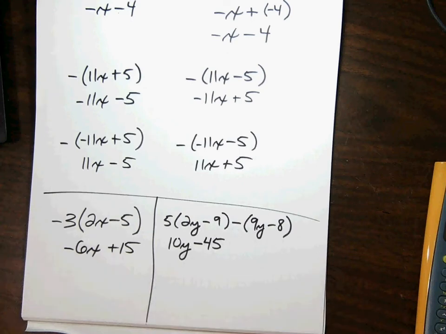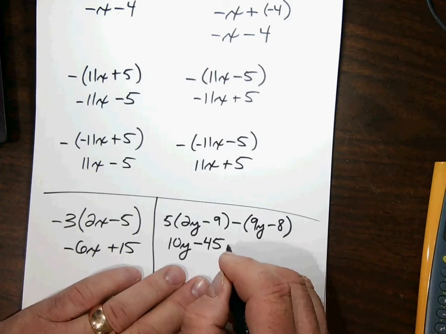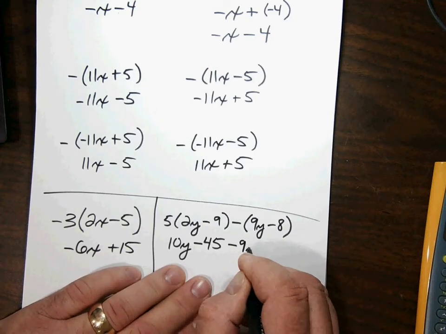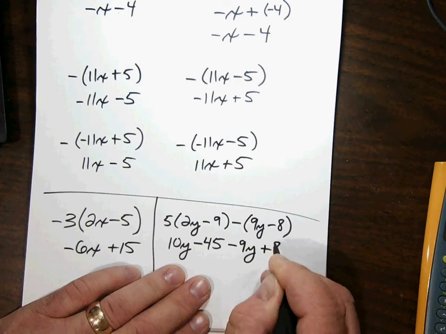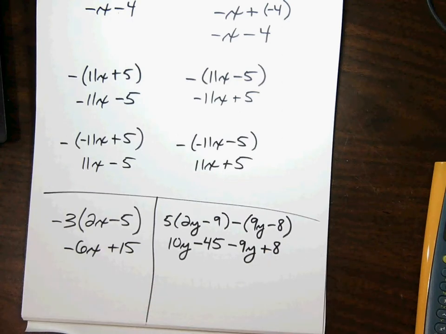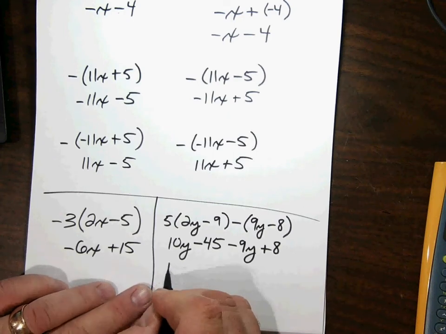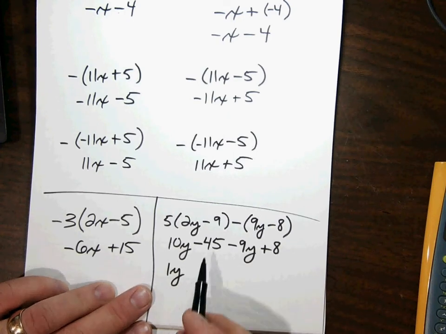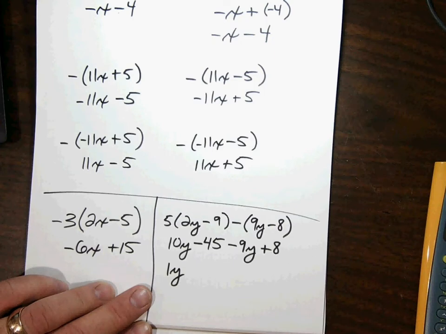And then I got that minus in front of the parentheses, which is like distributing a negative 1 across. So that's going to become minus 9y plus 8. Combine like terms, I've got a 10y and a minus 9y, so that's a 1y or just a y. And a negative 45 and a positive 8. I'm going to put them together, and what am I going to get? A negative 37.